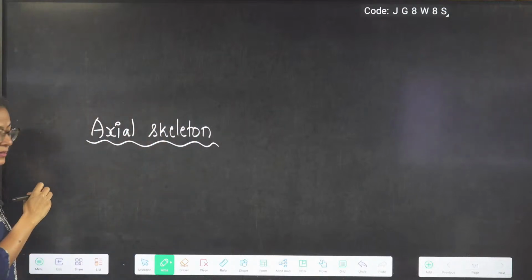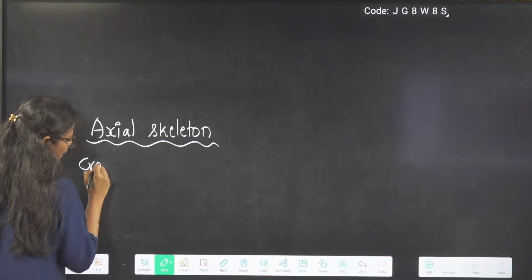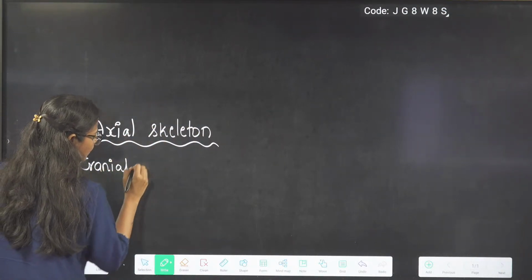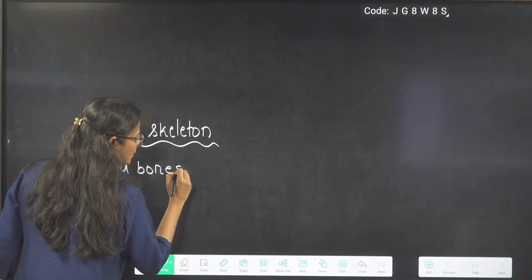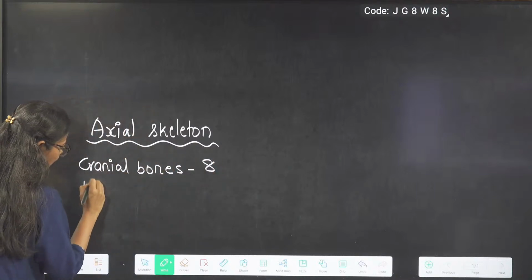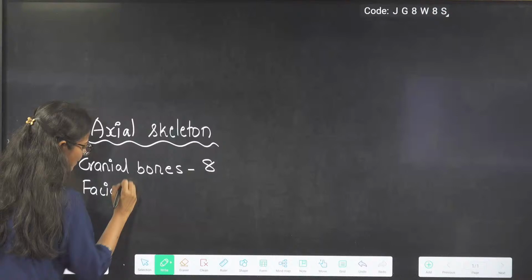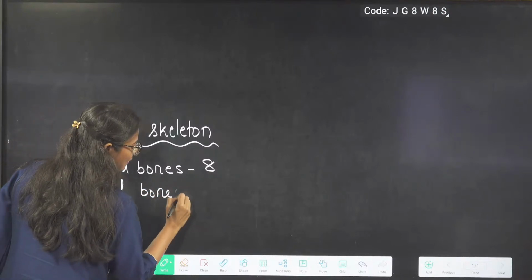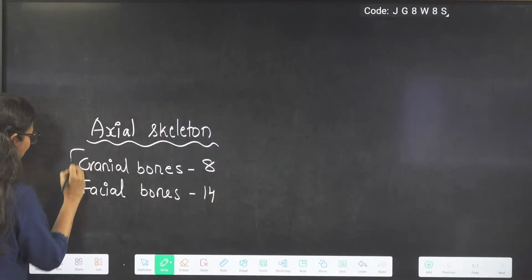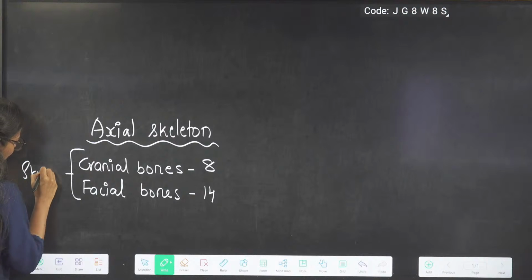We have seen the cranial bones. How many cranial bones? 8. Then facial bones, that were around 14, and these two will make up the skull.